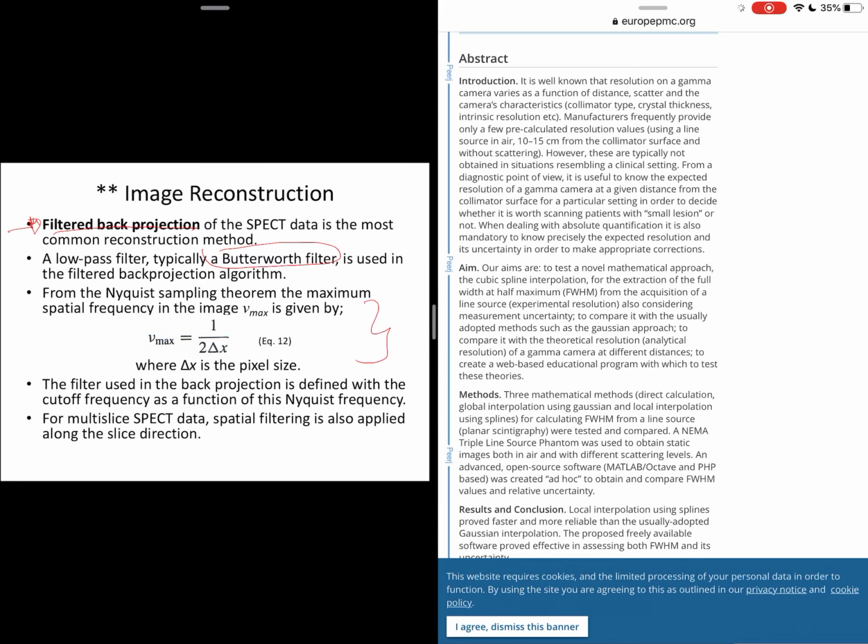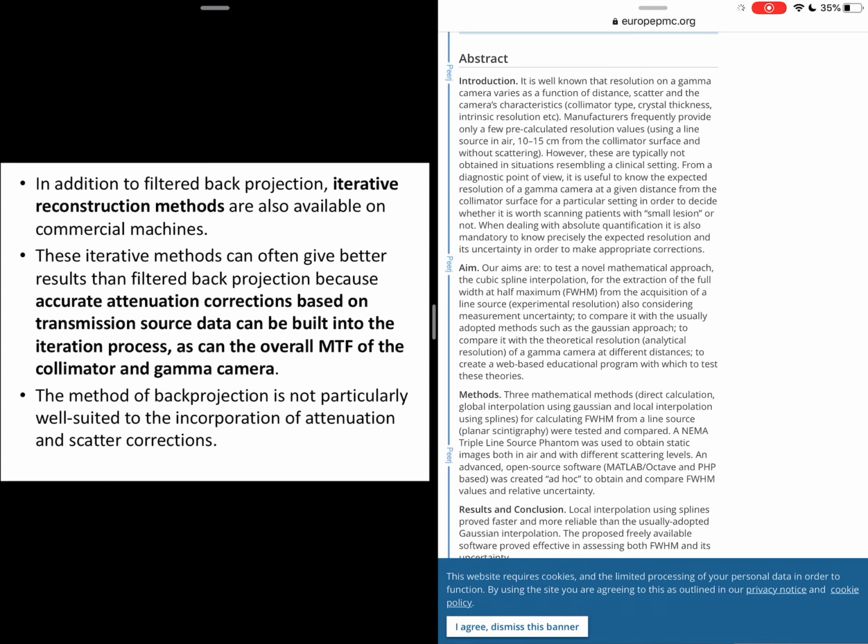A Butterworth filter, a low pass filter, is usually used, and this is basically the Nyquist sampling theorem, if you can recall from your signal processing lesson during your undergraduate study, or probably during your masters as well. The filter used in the back projection is defined with the cutoff frequency as a function of this Nyquist frequency.